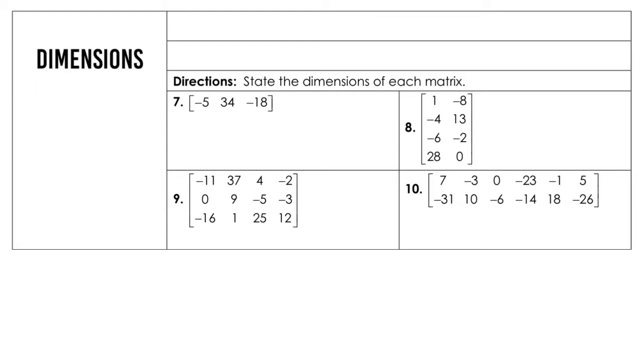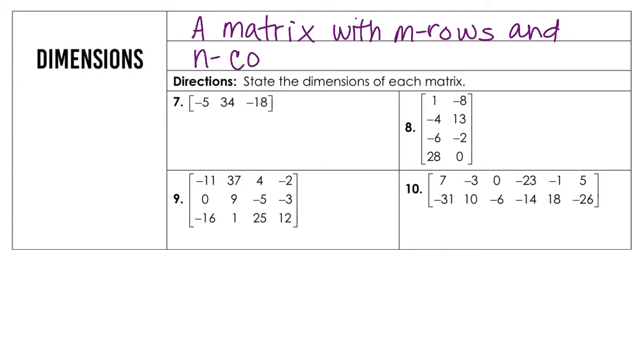All right, when we talk about the dimensions of a matrix, we are going to say a matrix with m rows and n columns is said to be an m by n matrix.